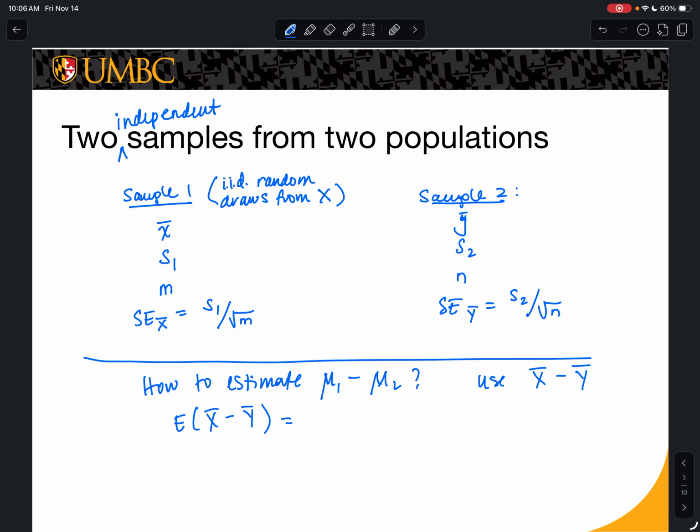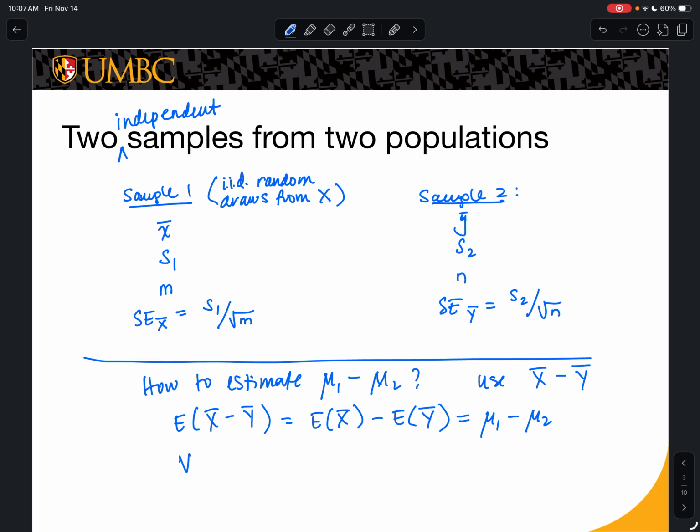And that's because, if you'll recall, you can distribute the expected value to get this. And the expected value of the sample mean of the x's is just the same as the expected value of any draw from x. And we said on the previous page, the expected value of x is mu1 and then minus mu2. So we know this about the expected value of this difference of sample means.